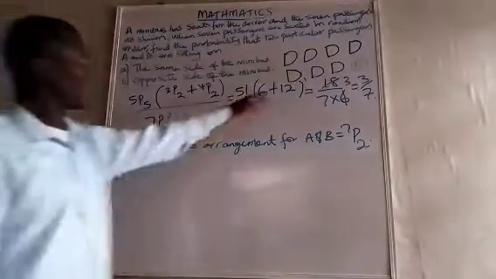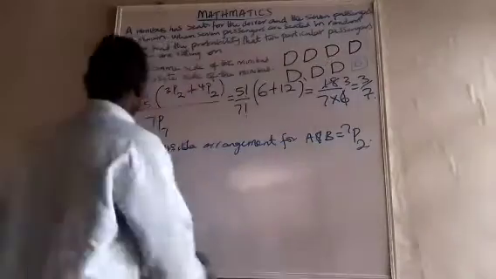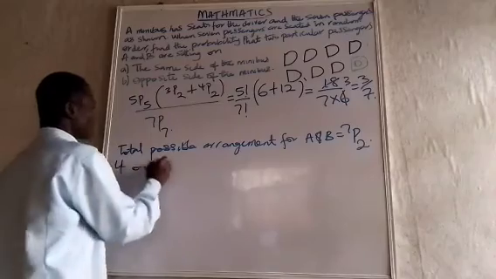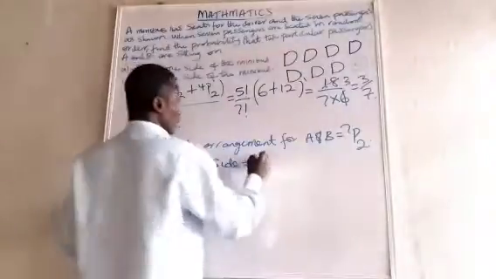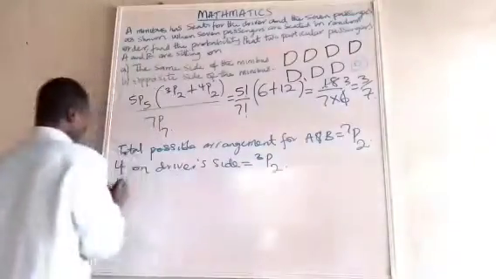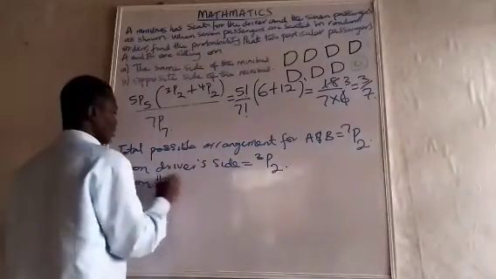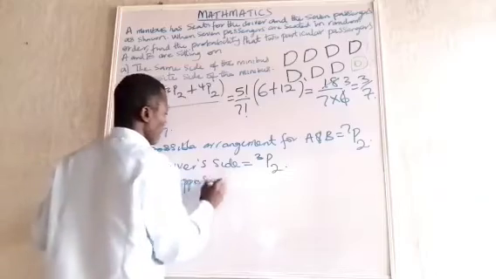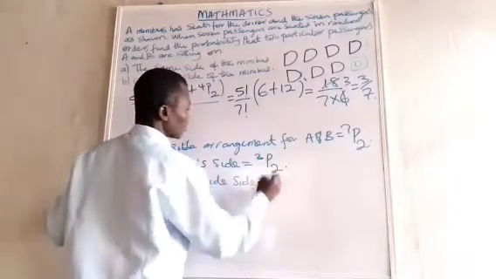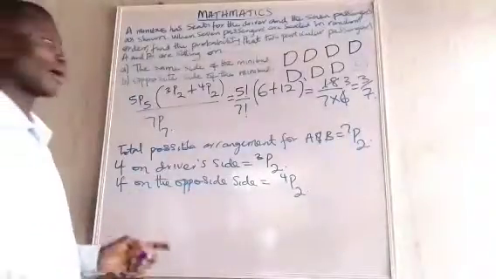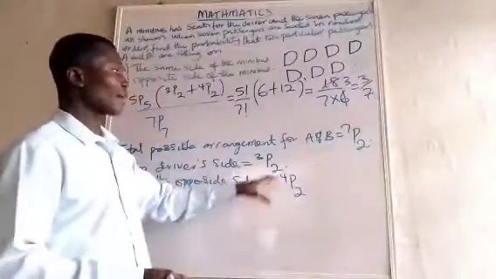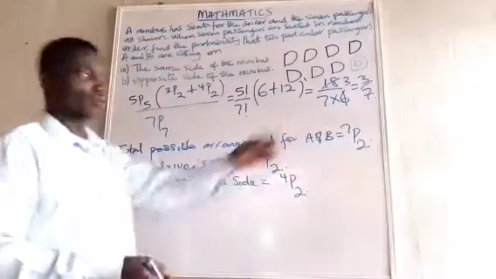Now, if they are on this side alone, if on the driver's side, it will be equal to 3P2. If on the opposite side, it will be 4P2. We have now restricted our attention to A and B alone.